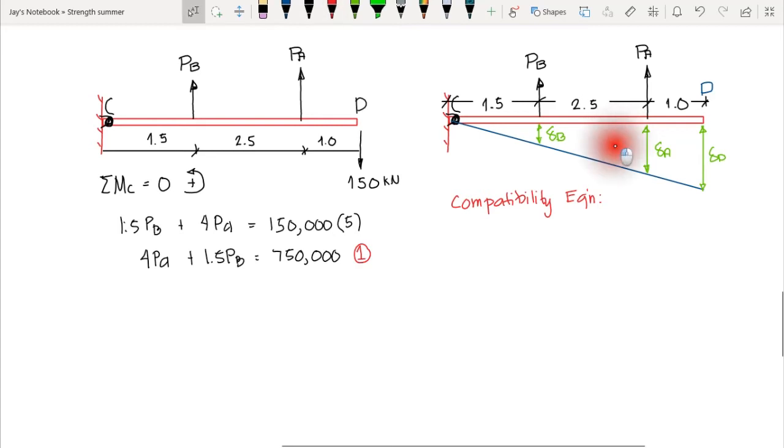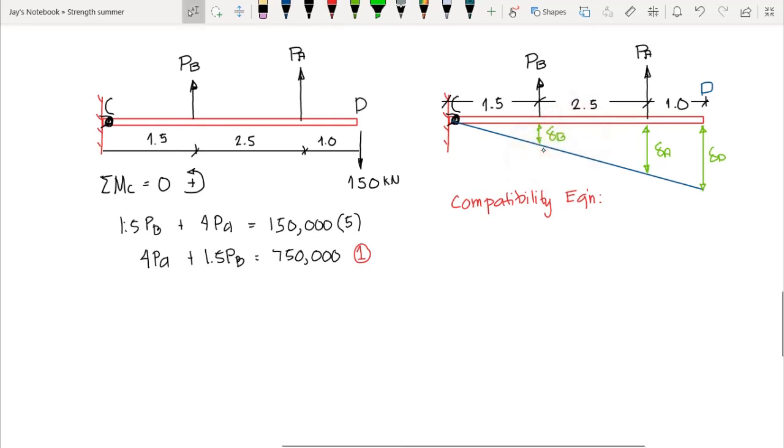Now we know if we have our load 150 kilonewton, since our bar is rigid, it would deform like this one. So we have this deformation of D, that's the vertical movement of D. This is the vertical movement of our point A, or the elongation of our bar A, and this is also the elongation of our bar B, which is also the movement of our point B here.